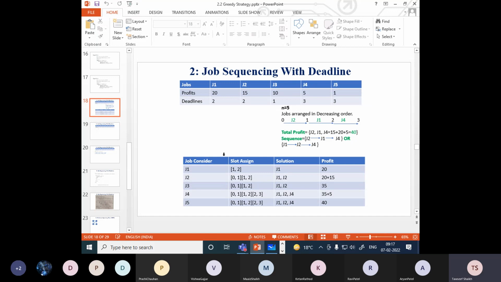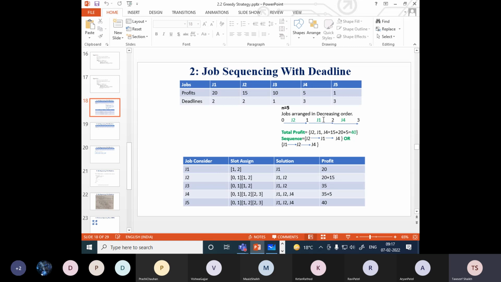And when we write the solution of the job sequencing with deadline, we consider the job here. In the next column, we assign its slots, the solutions, and the total profit. Suppose in this present example, we have taken initially the job J1, and we assign the slot 1 to 2 to it.